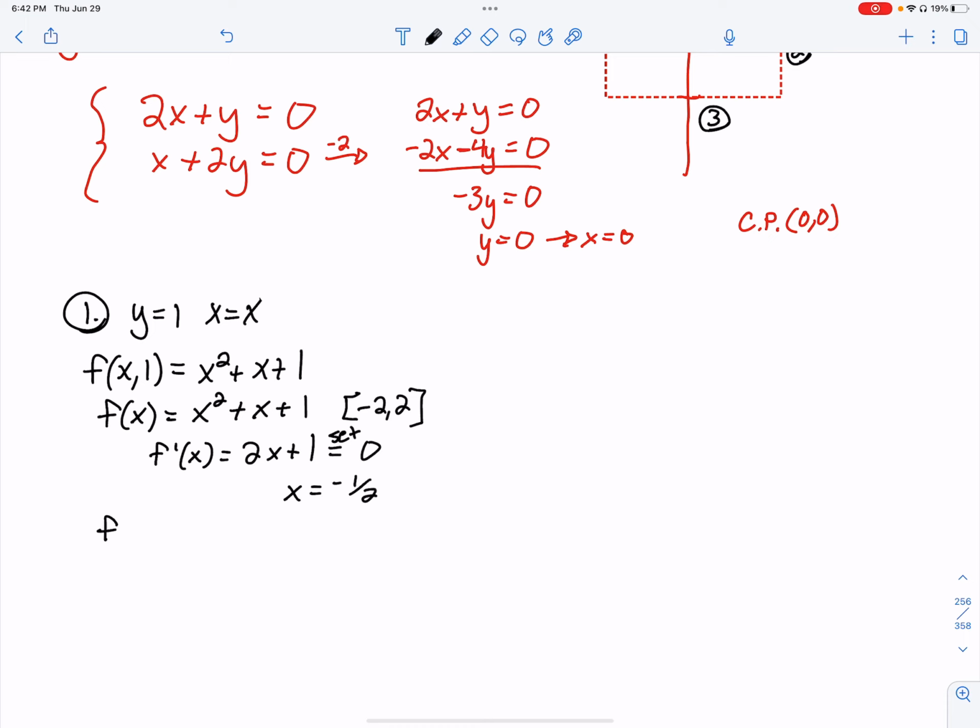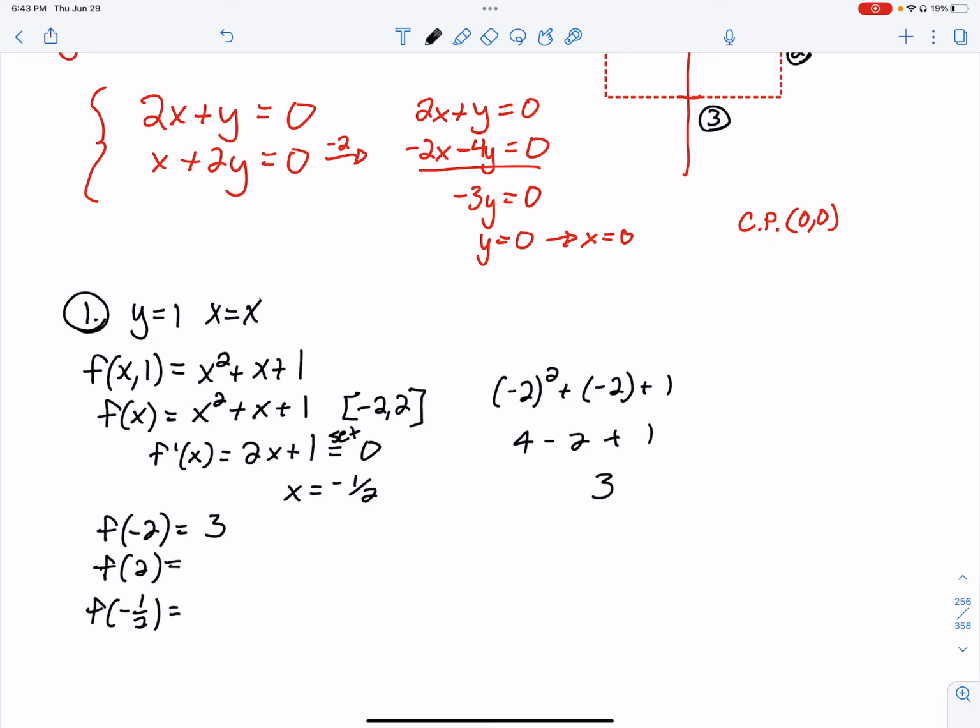So I've got to check 3 things here. I've got to check f of -2, f of 2, and f of -1/2 in the function that we just made up here. So if I plug in -2, -2 squared plus -2 plus 1, I get 4 minus 2 plus 1, which is 3. If I plug in +2, the only thing that's going to change is there, which gives me a 7.